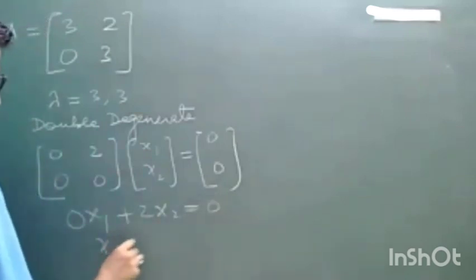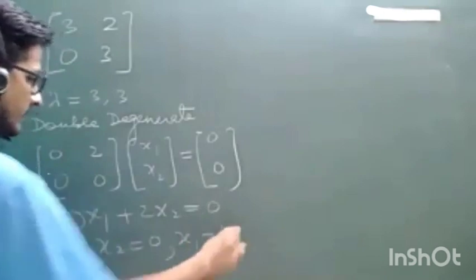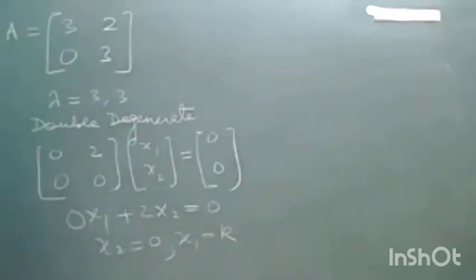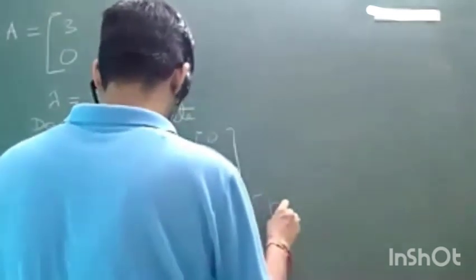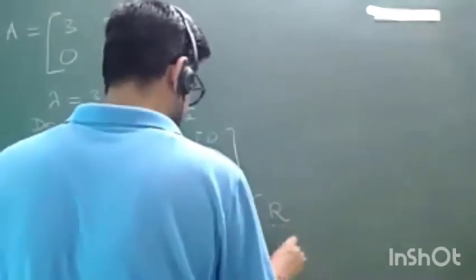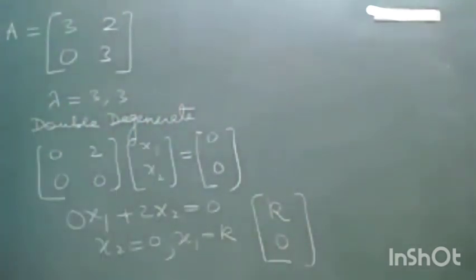That means x2 is for sure 0 and x1 can be arbitrary. So again you will get the eigenvector as some k comma 0. So this type of questions we should do.